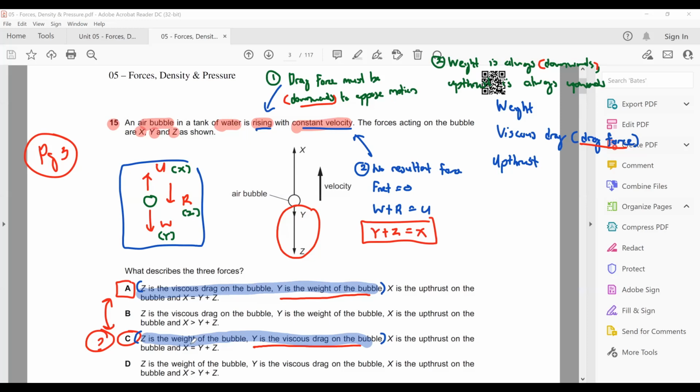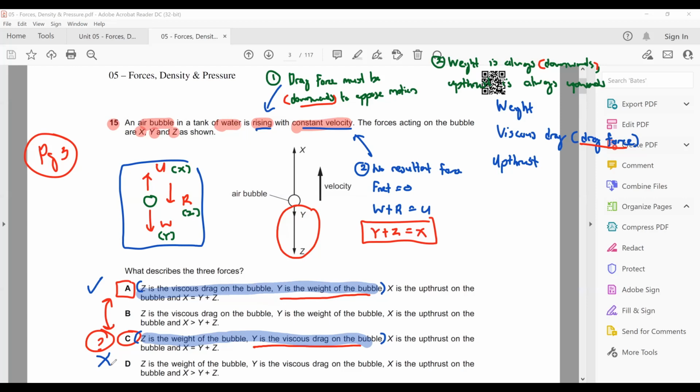Both are still acting in the same direction, but somehow they switch one to the other. But why is it that the answer is actually A? When you say that the answer is A, that is correct. C is actually wrong. But I just want to probe why C is wrong.